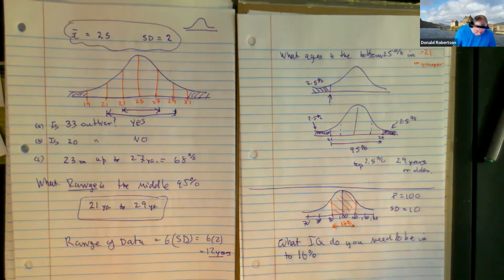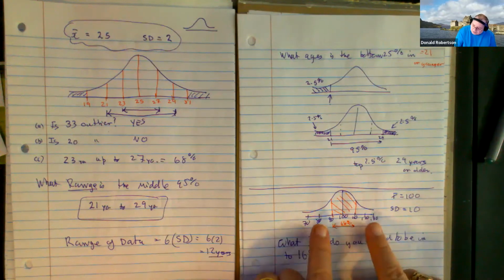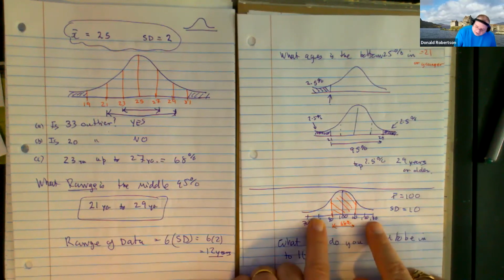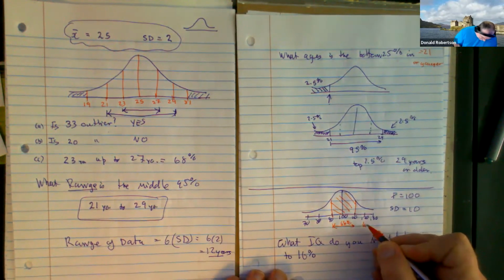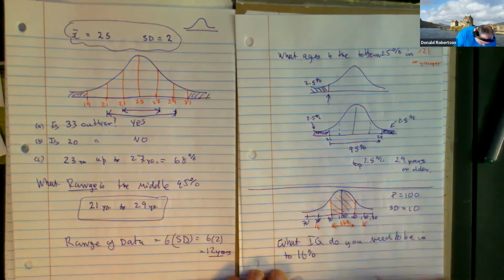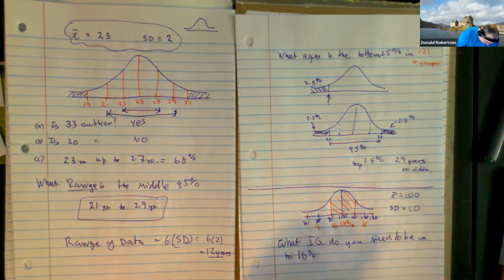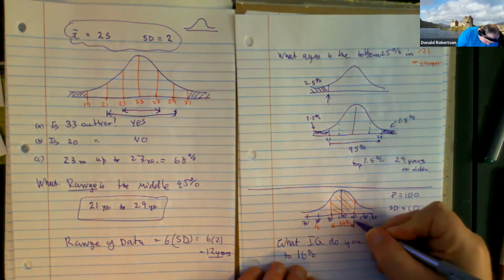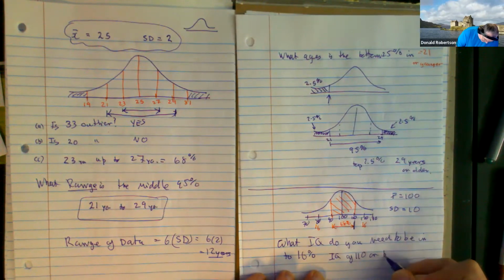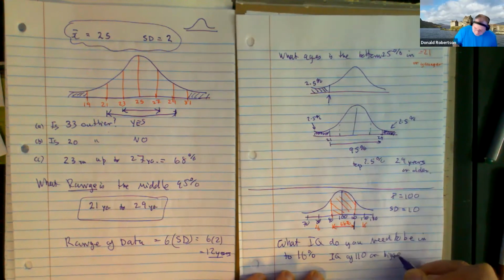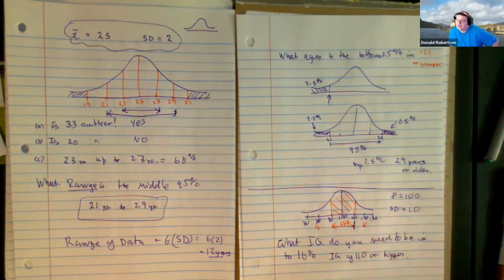Now, that means the other 32, and isn't the other 32 made up of 16 on this side and 16 on that side? So the magic number is there. An IQ of 110 or better. That will make you in the top 16% of IQs.